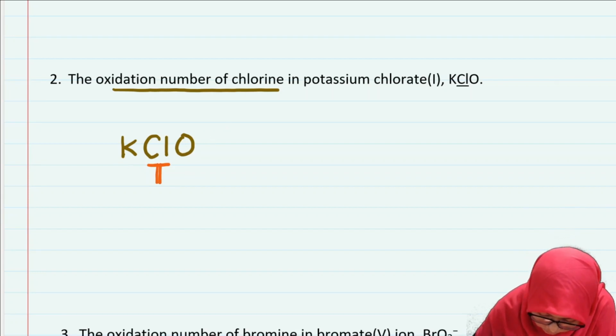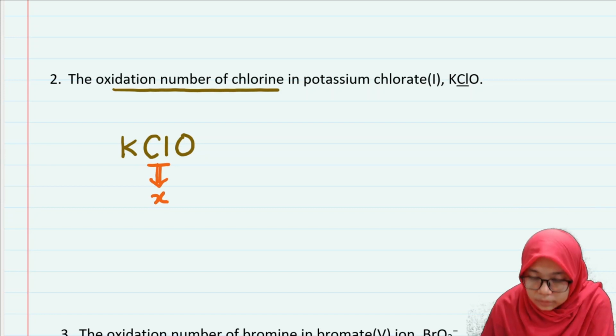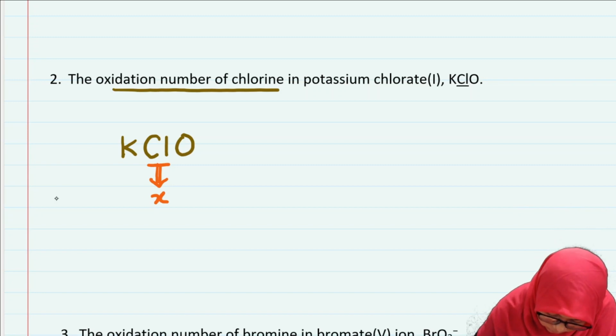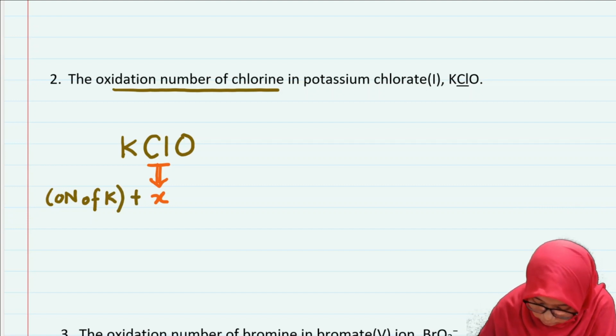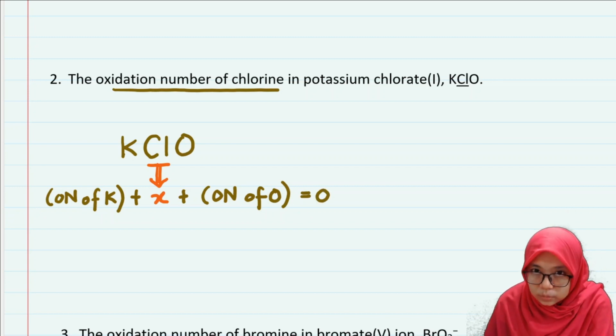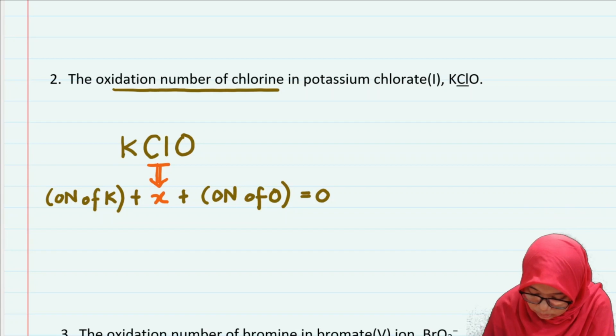Let's say chlorine is an unknown value X. So the oxidation number of potassium plus the oxidation number of X plus the oxidation number of oxygen equals 0. This is how we calculate the oxidation number.